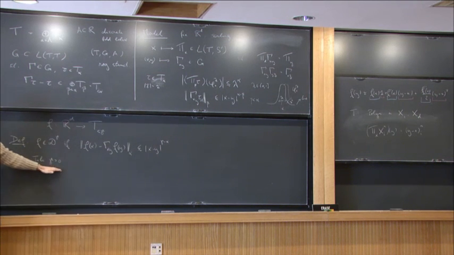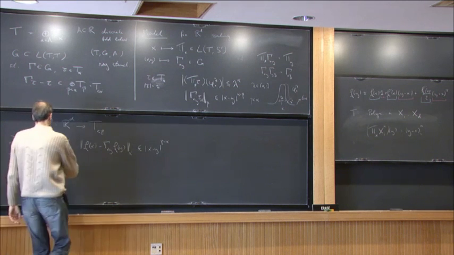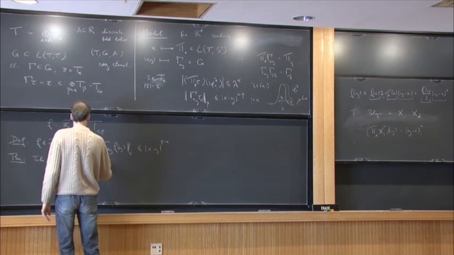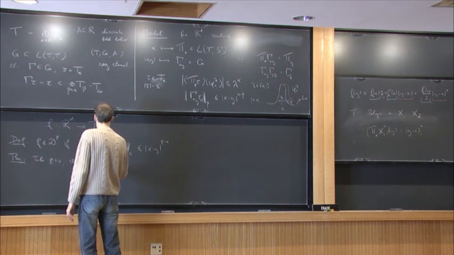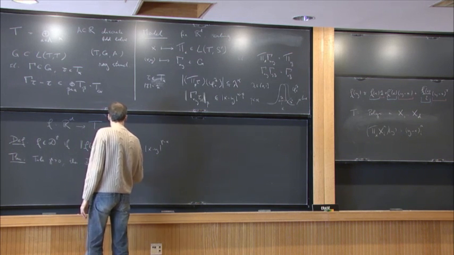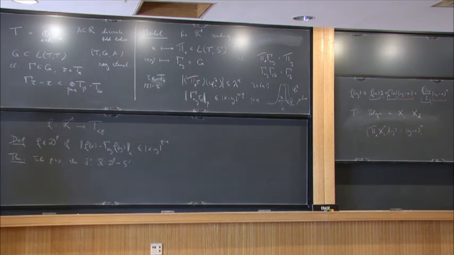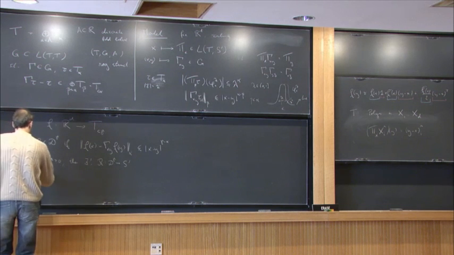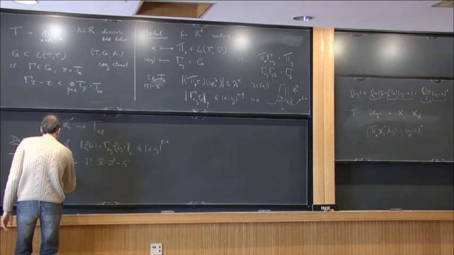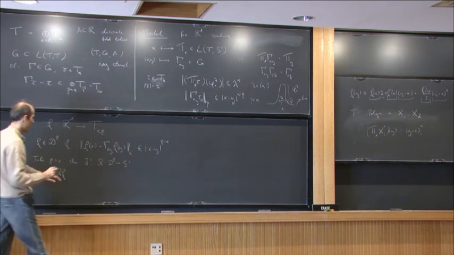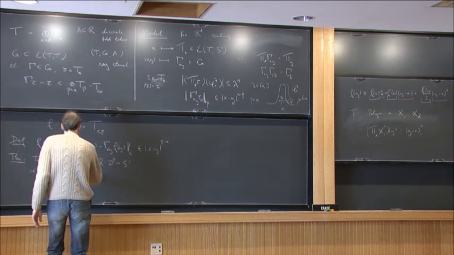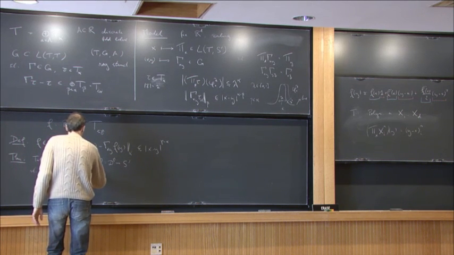But so take a gamma which is positive. Then the claim is that there exists a unique map R from D gamma into distributions with the property that if you take R applied to F, so now that's a distribution, and you compare it to pi x f of x.